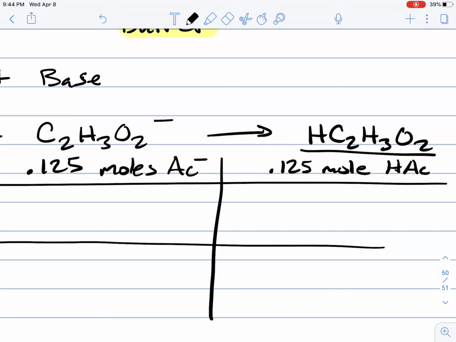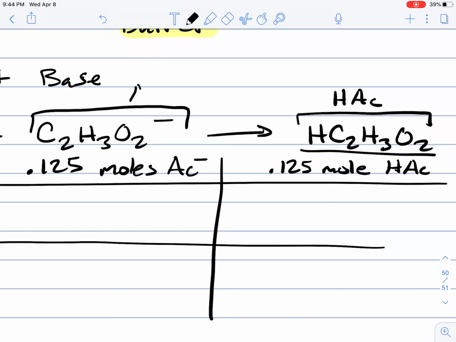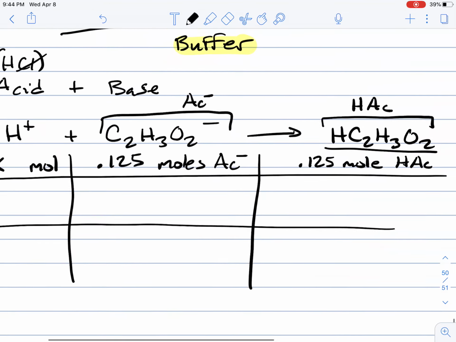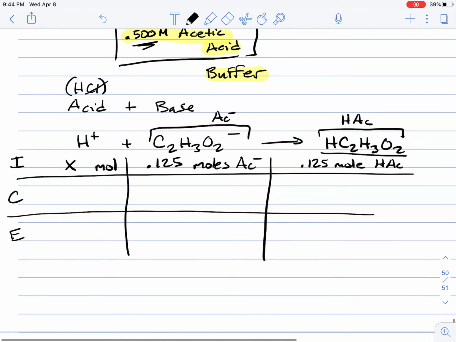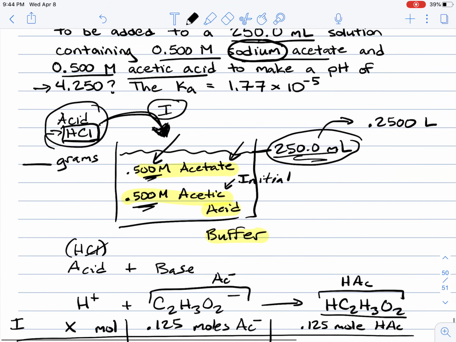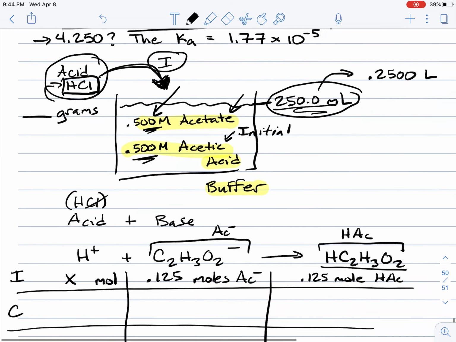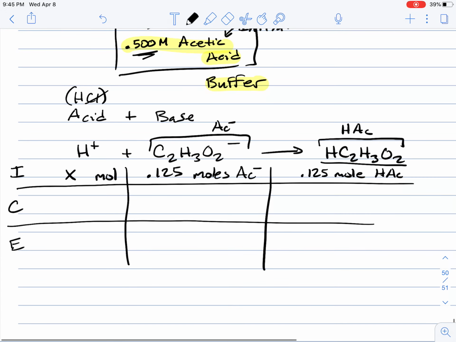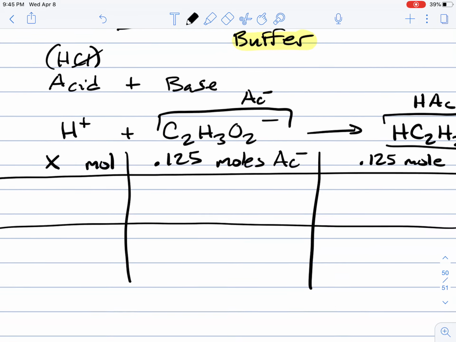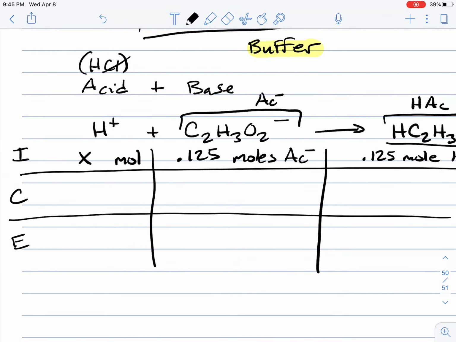I'm going to represent acetic acid as HAC, while this is going to be AC minus. Because we want to make a buffer, and the buffer always requires the weak acid and its conjugate base, we know that the amount of hydrogen ions or acid that we're adding into the solution is not going to completely consume all of the acetate that's inside the buffer.